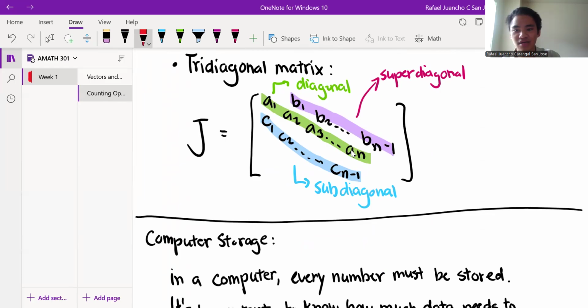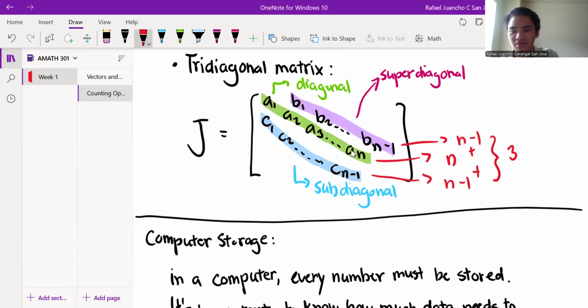Here we store n values. We store n minus 1. We store n minus 1. And so if we add these all together, we have 3n minus 2. So that's the number of entries we store.